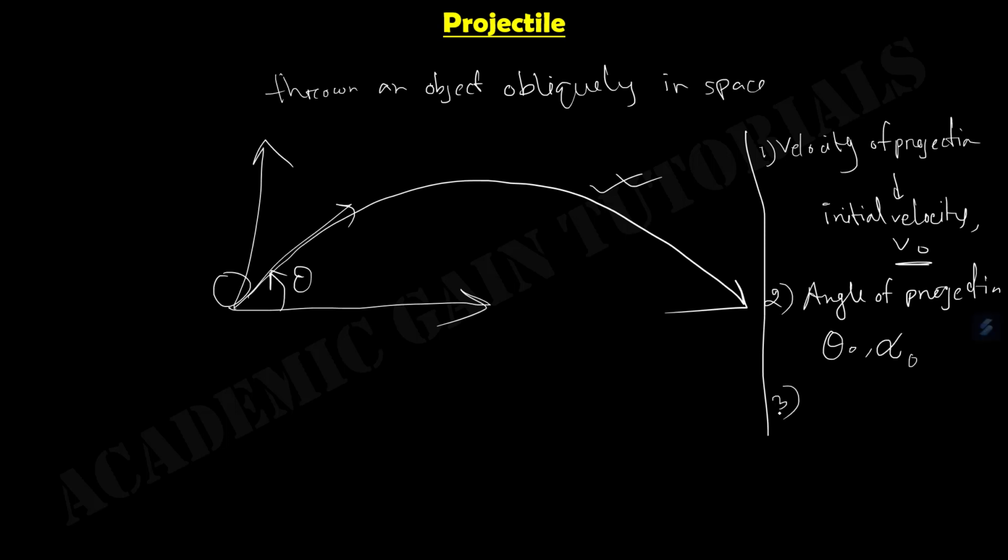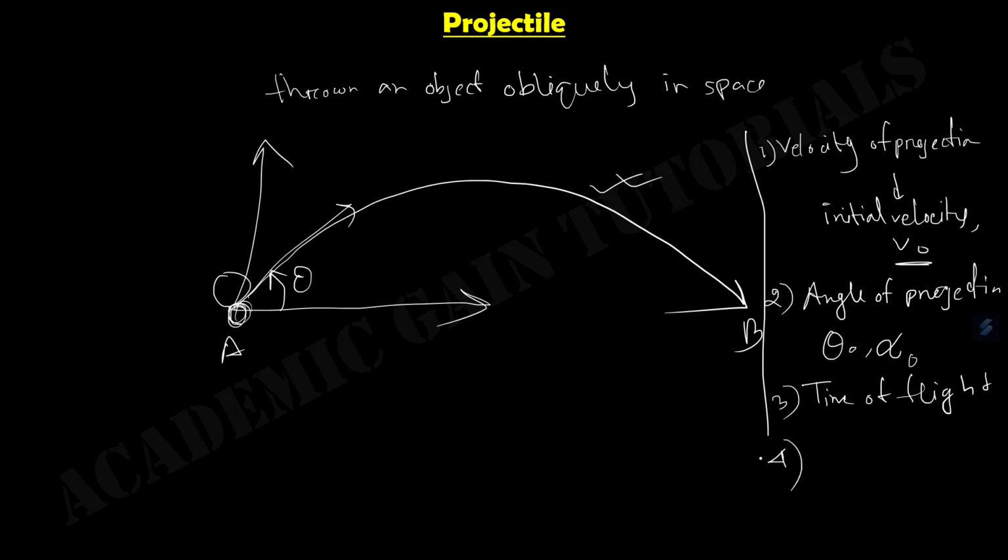The third one is time of flight. Time of flight means how long it is in the air. Like we throw this from point A and it will come down at point B. So from point A to point B, how long it will be in the air, this is known as time of flight.